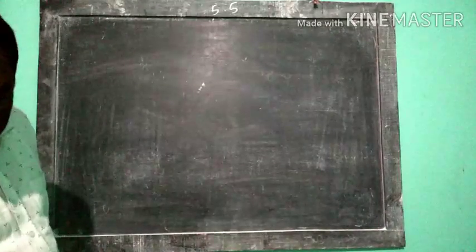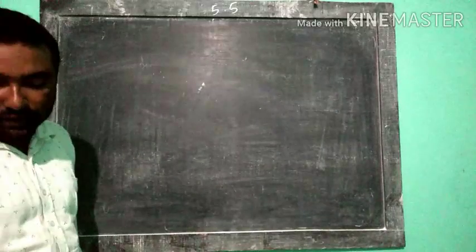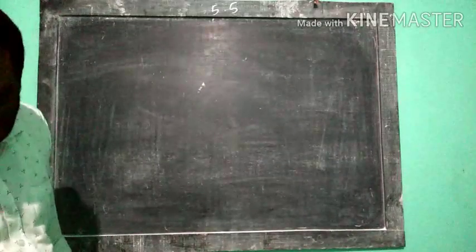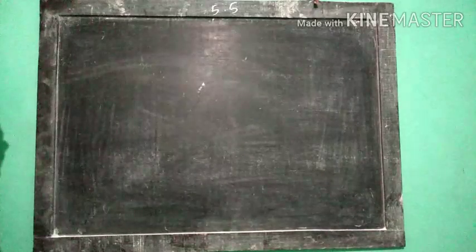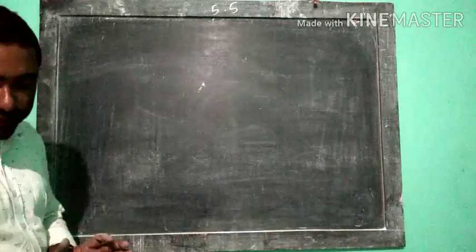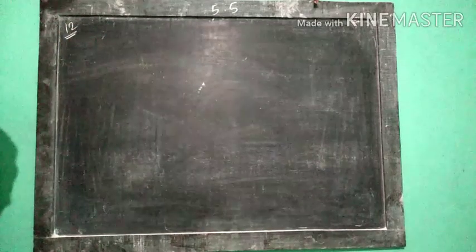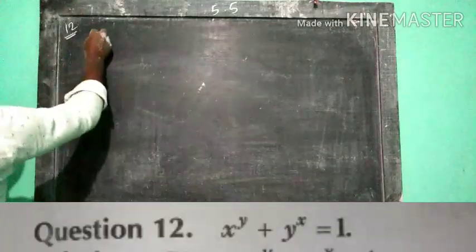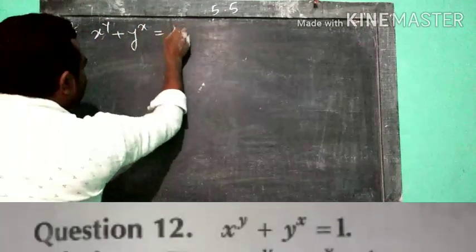Now we are going to solve question number 12. Question number 12: find dy/dx of the functions given in questions 12 to 15. So the direction is given here, we are going to find dy/dx. Question number 12 is x to the power y plus y to the power x equal to 1.